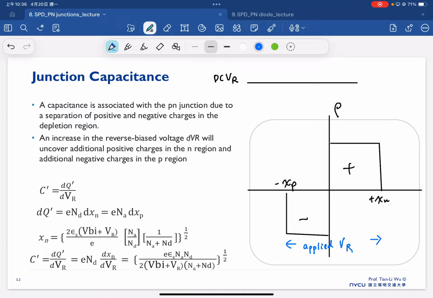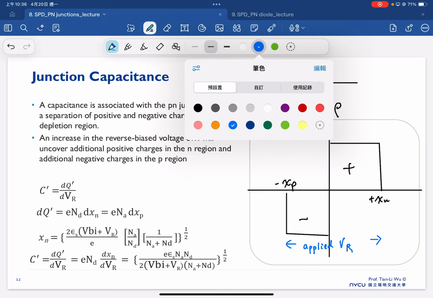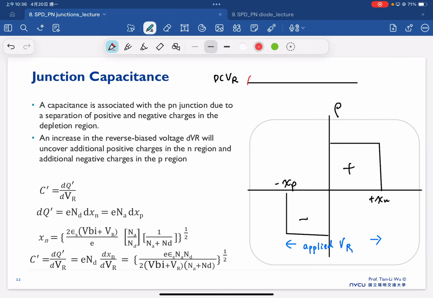But here, we try to make this a little bit more complicated because we want to see the charge's influence. Therefore, on top of DC, we apply a small signal AC, which means we have this AC signal here.